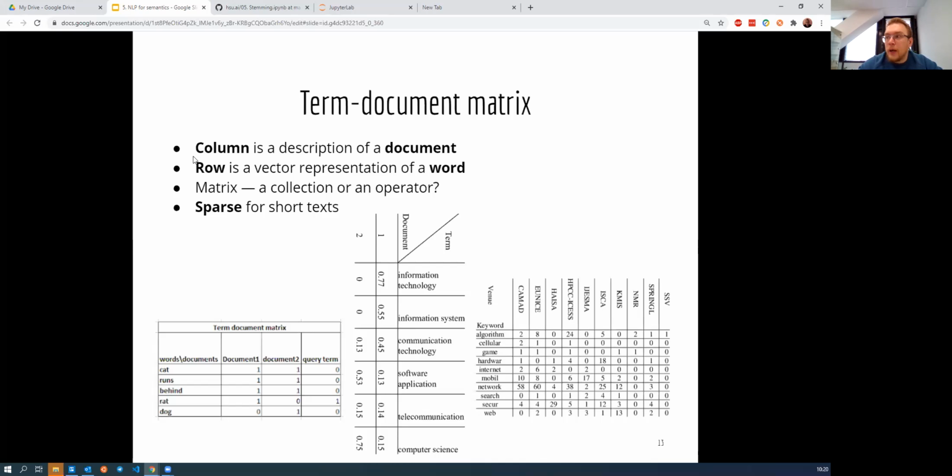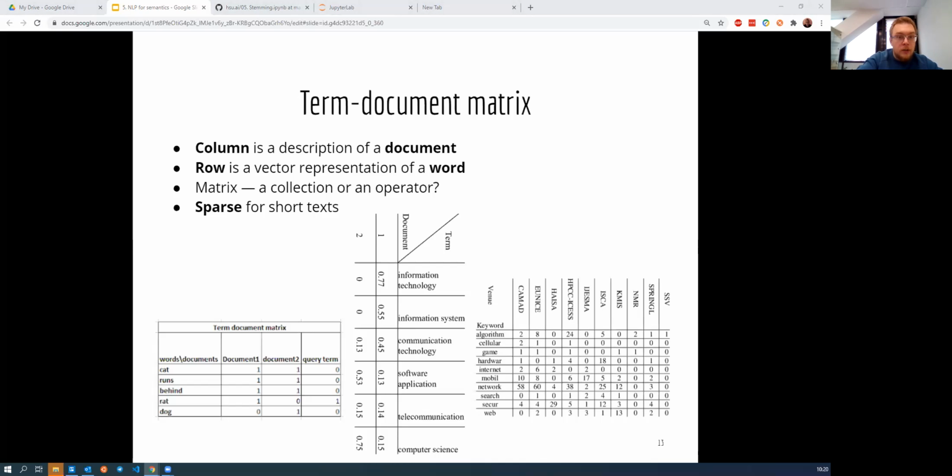And here comes the idea that let's think about this as about matrices. And these matrices even have a name. The name of this matrix is the term-document matrix. Again, maybe from the course of information retrieval, you remember this. This matrix is usually sparse for short text.